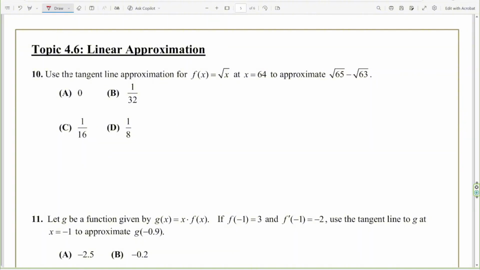Now let's move on to question 10. Use the tangent line approximation for f of s equals square root of s at s equals 64 to approximate square root of 65 minus square root of 63. Alright, so first we need to take the derivative of this one, right? Derivative of f of s equals 1 over 2 square root of s, right?